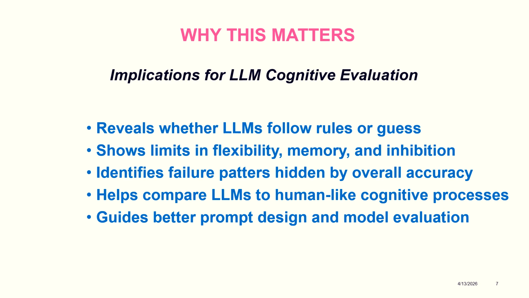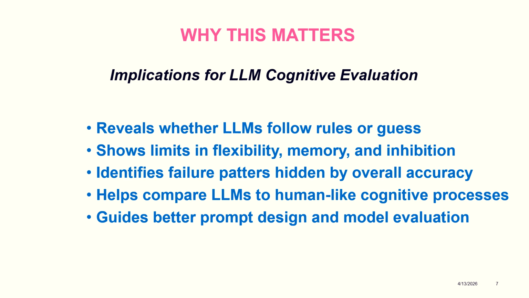Why is this really important? These findings have important implications for LLMs. First, understanding cognitive behavior. SwitchBench reveals whether LLMs are truly following rules or simply guessing based on surface patterns. Second, limits of cognitive control. The results highlight limitations in flexibility, memory, and inhibition, all essential components of executive function. Third, finding failure patterns.